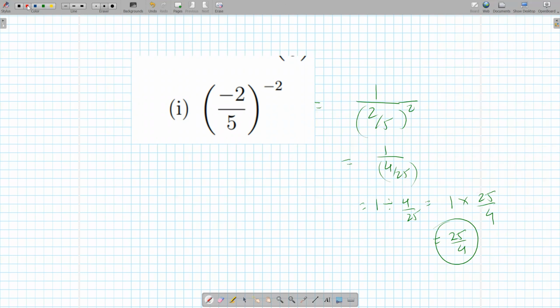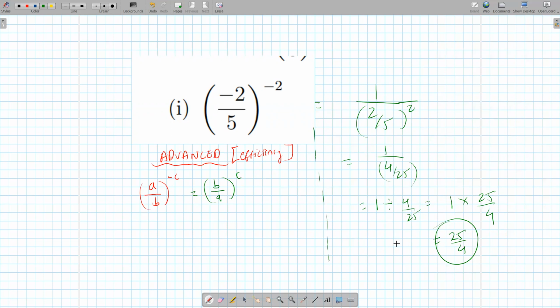Here's an advanced strat. It's not advanced, it's just a new rule that will help you solve these kinds of problems. And again, this is for efficiency purposes, okay? The answer is gonna be the same, but this is way quicker. If you have anything in this form, a over b to the power of -c, what you can do is flip the fraction to begin with, and the exponent becomes positive.